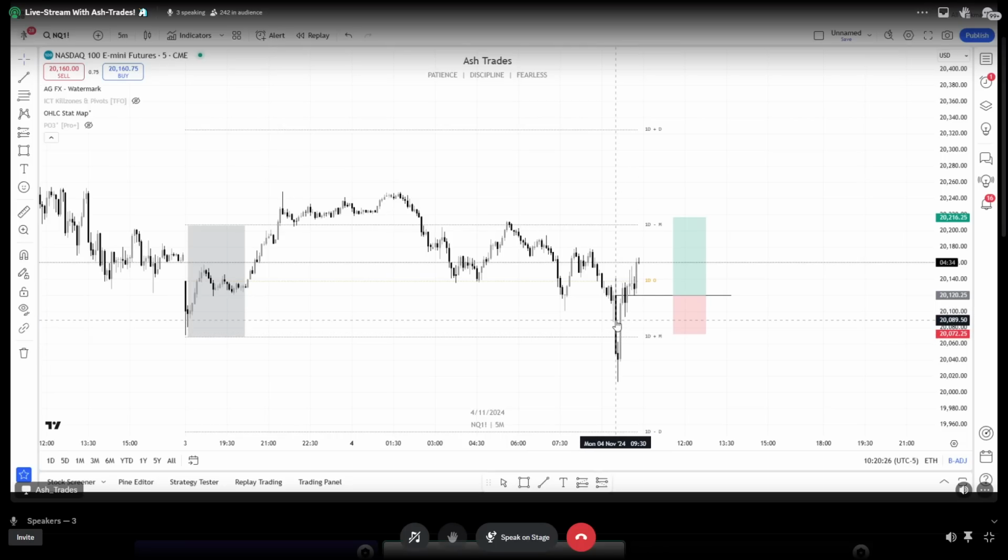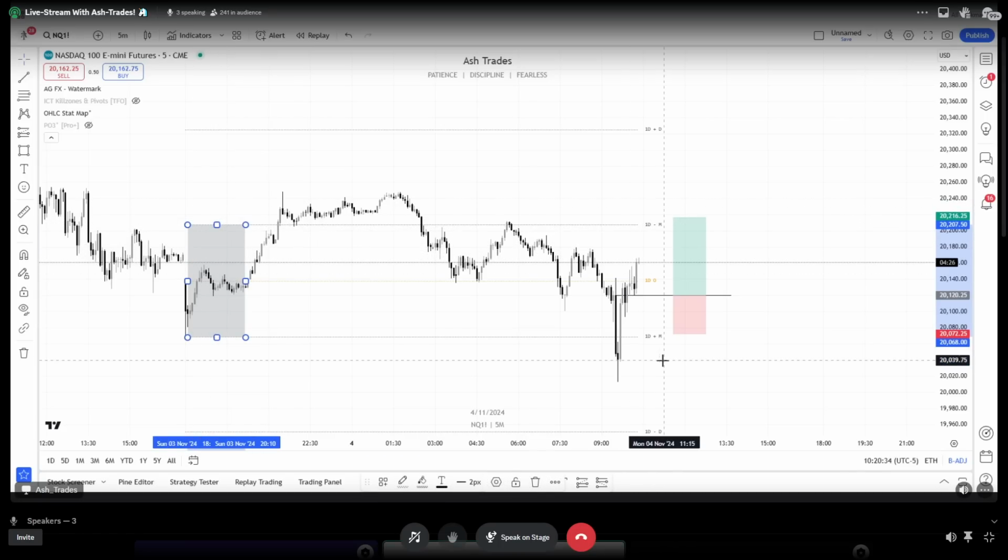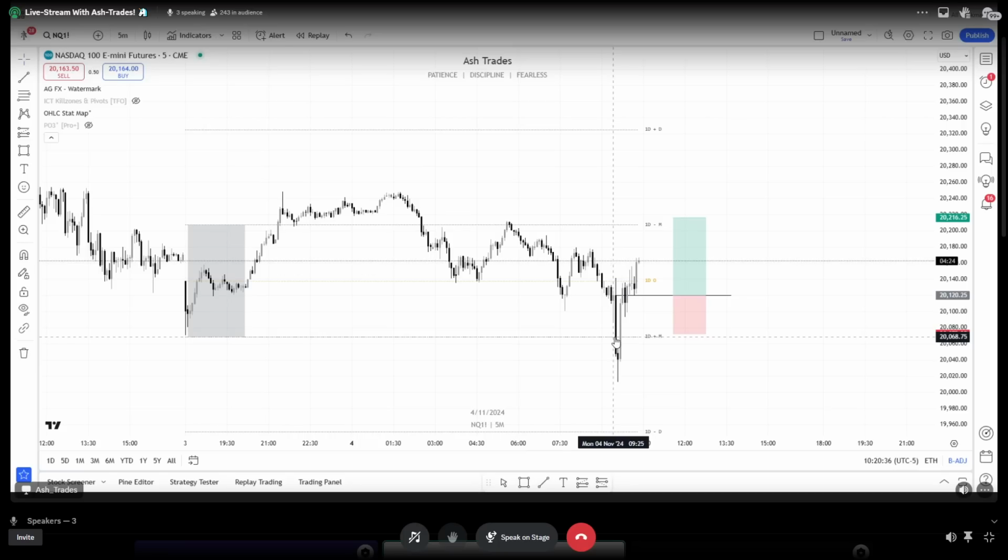So 9:30. Excuse me, let me just rewind a little bit. Range identification first, step one. Step two, look at the extremes of the range during your hunting hours. So 9:30 is when I start to hunt. At 9:30, we deviate from the range. I understand that this is manipulation because of the change in the state of delivery.